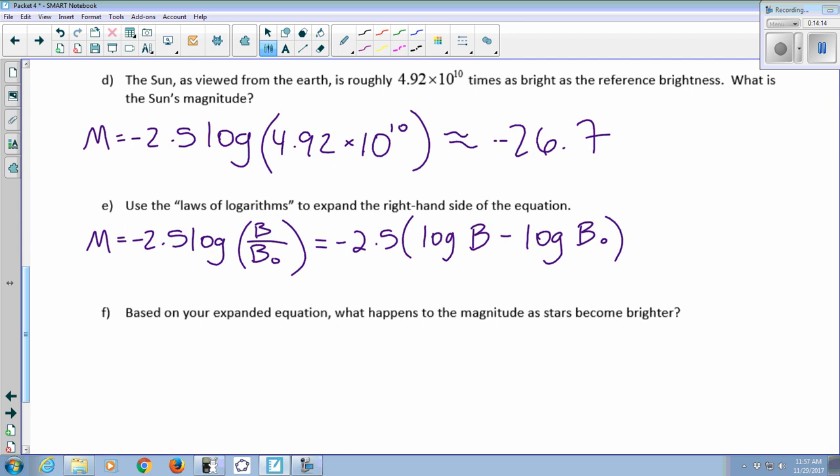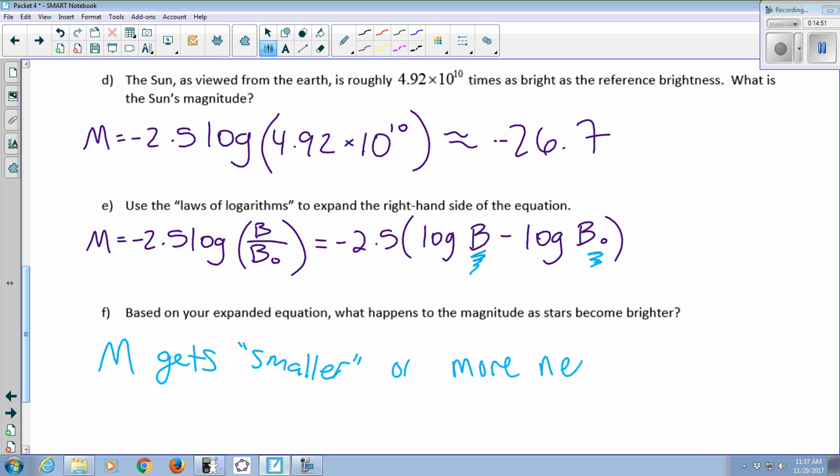So what happens to the magnitude as stars become brighter? So if B is brighter than B naught, then that subtraction is going to be positive, and then you're going to multiply it by a negative number. So as stars become brighter, your magnitude gets smaller, right? Or I should say more negative.